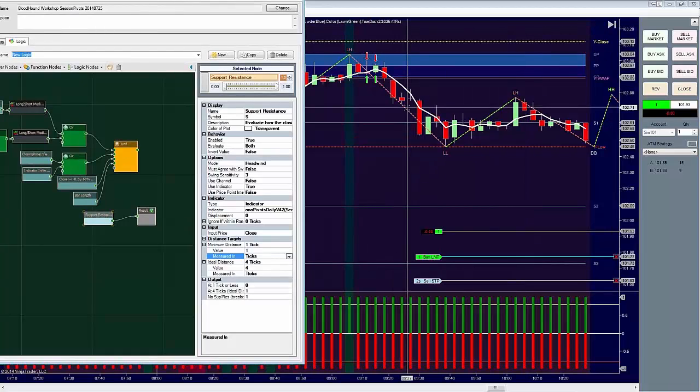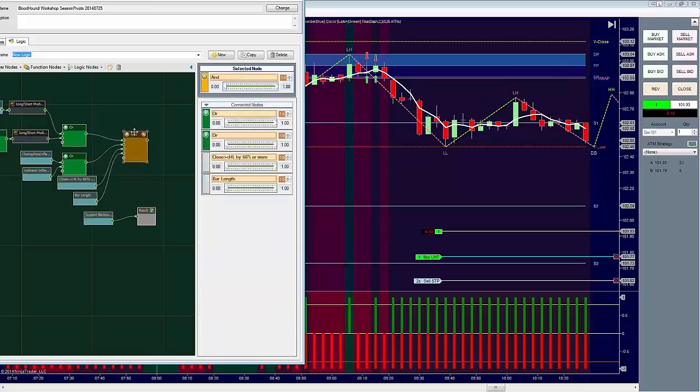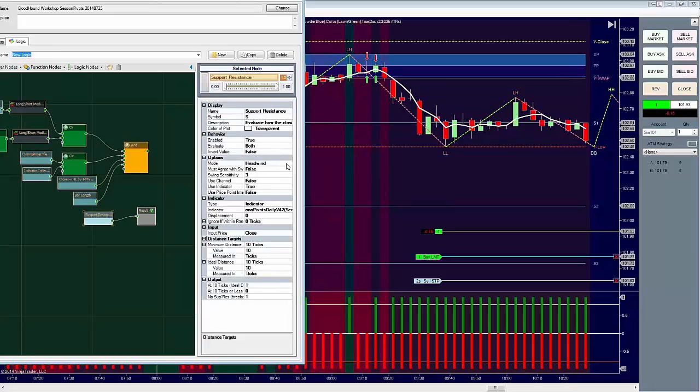So rather than 4 ticks, let's say we want to allow at least 10 ticks. So this headwind is telling us that we don't want to trade directly into support or resistance, all right? What we're looking for with this little system here is actually the opposite, tailwind.